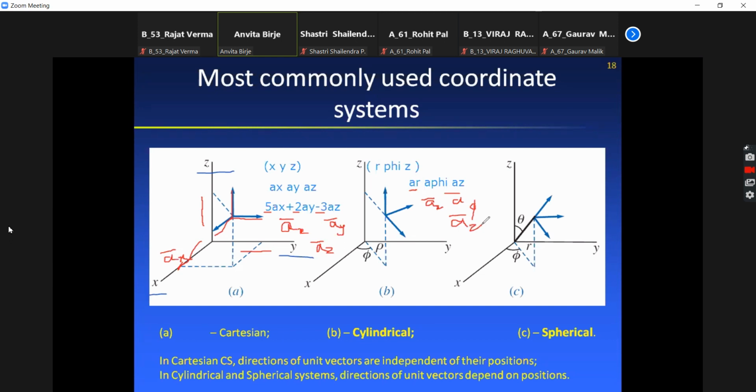So r, phi, and z are the suffix, and a represents the unit vector. Okay. So in cylindrical system there is one angle, that is phi. In the spherical system there are two angles, that is theta and phi. So here you represent any particular point as r.